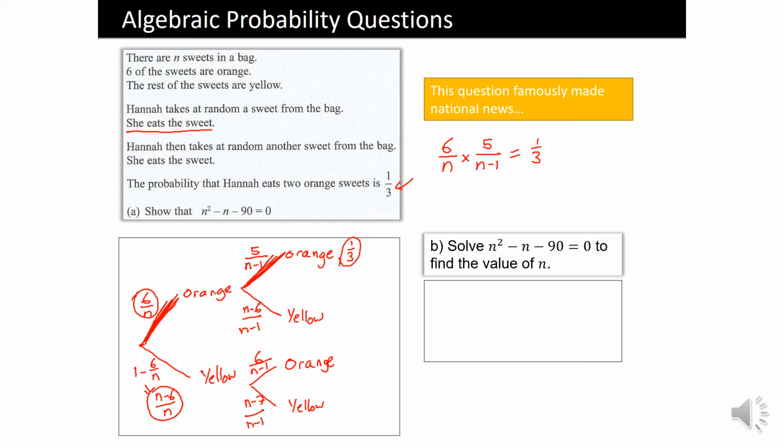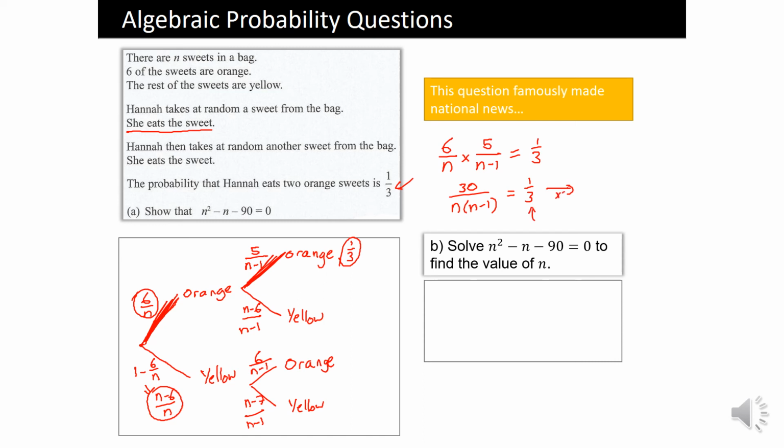So we can start to solve this now. When we times fractions, we times together the denominators and we times together the numerators. So we've got 30 over n minus 1, and that equals 1/3. So we've got something in terms of n equals 1/3. Now if we times both sides by 3, that'll get rid of the third on this side.